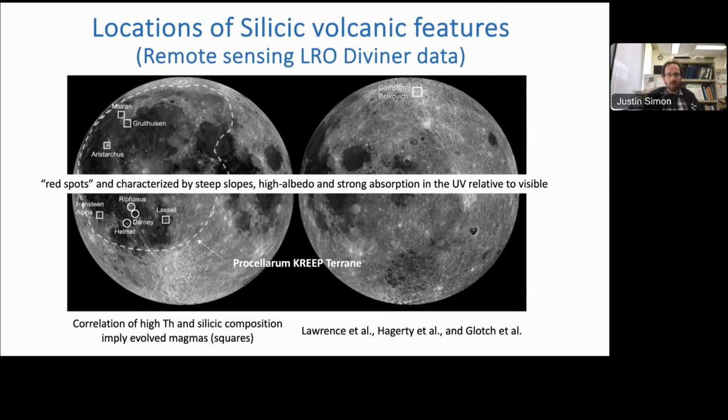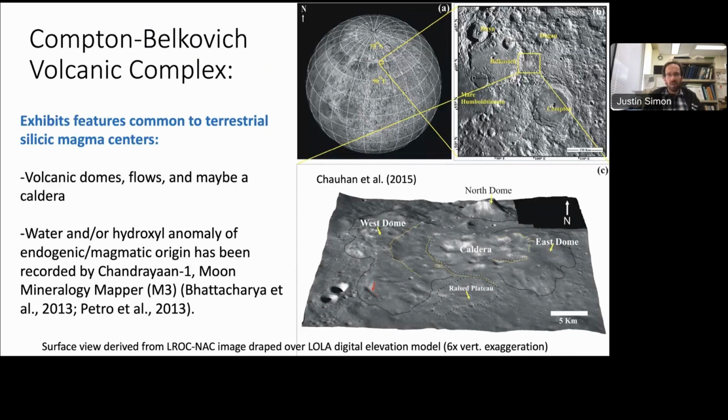I won't go into this, but they're looking at spectra, UV relative and visible, to define this. And there's a large body of work, and maybe some of the authors are online. But this is super exciting because, like I said, these remote sensing observations are relatively new. We didn't have these when I was in grad school, or at least I wasn't aware of them even being a thing.